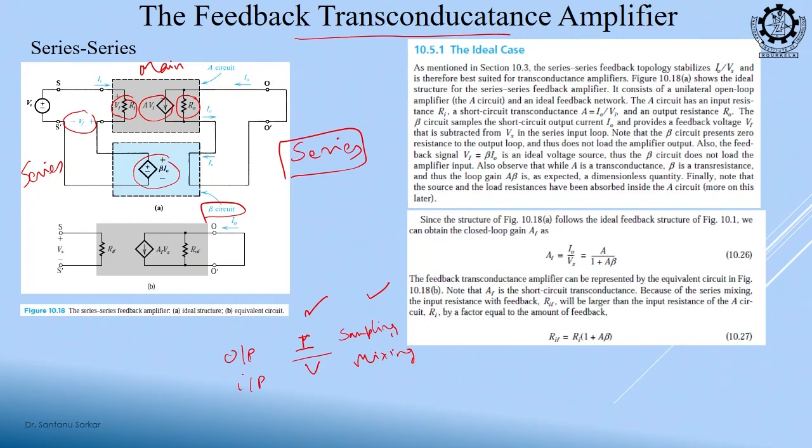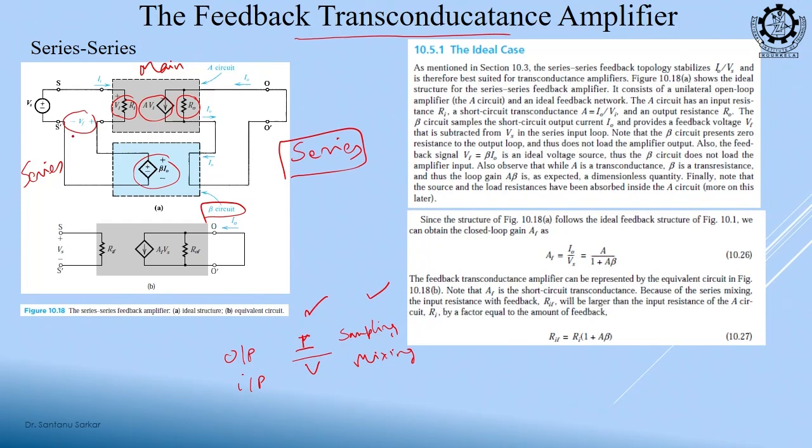So, what it is actually doing, the current I 0 that is coming, it is taking a portion of that, that is beta I 0. So, you can say that this feedback element, its gain is beta. My input to the feedback element is I, so my output is beta I, right. So, this beta is converting this to a voltage.